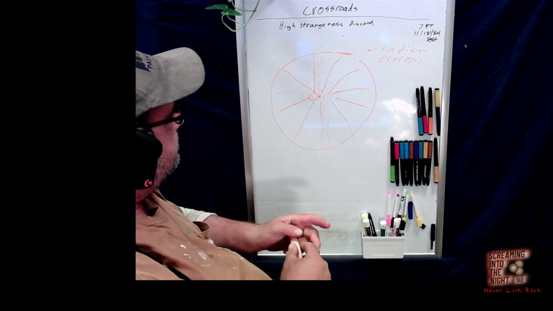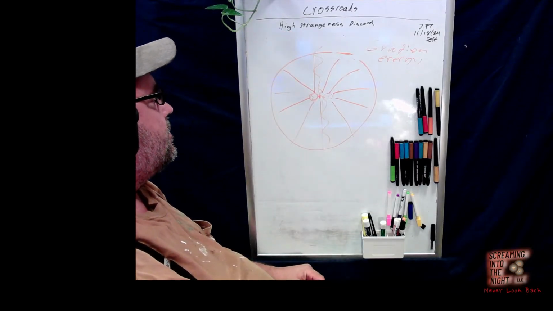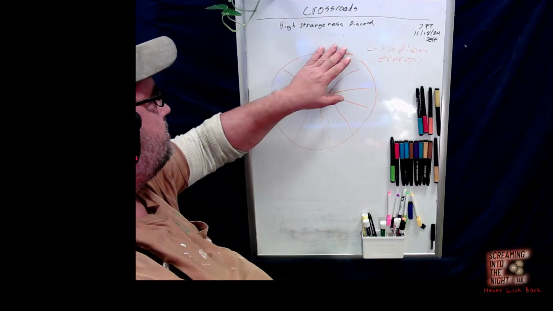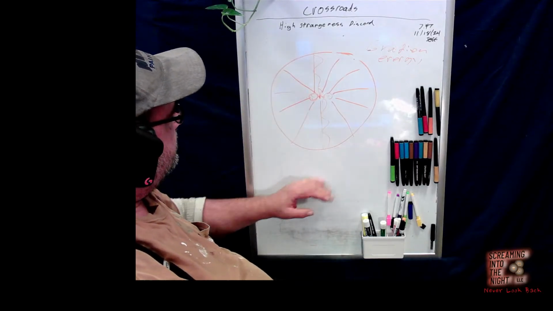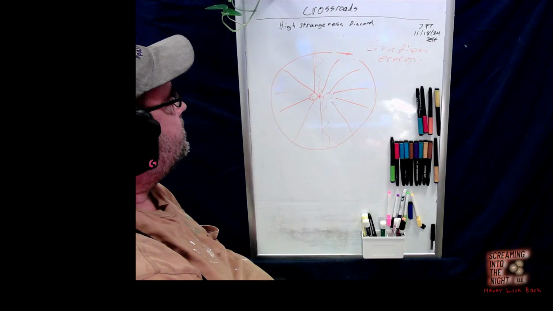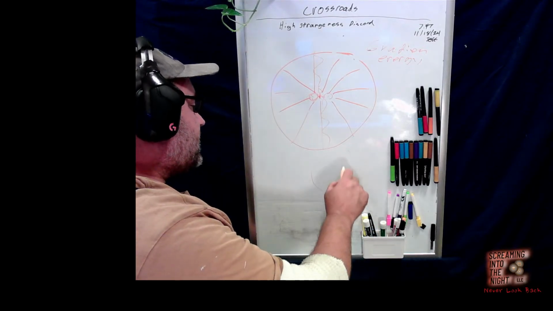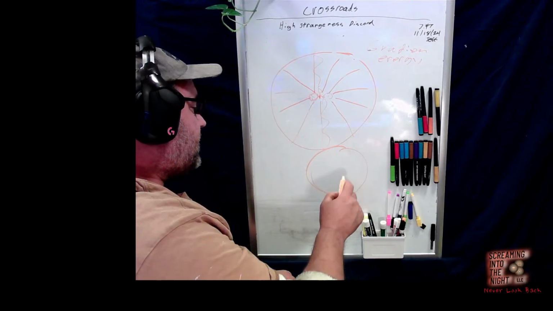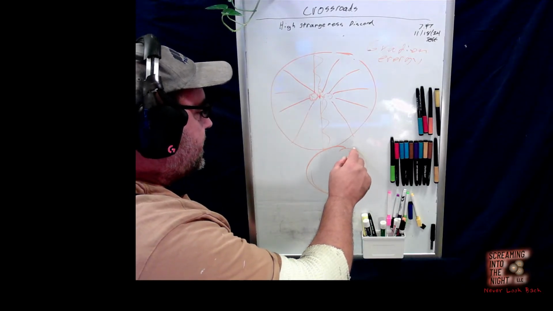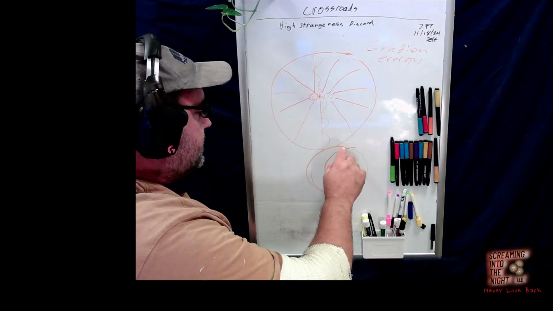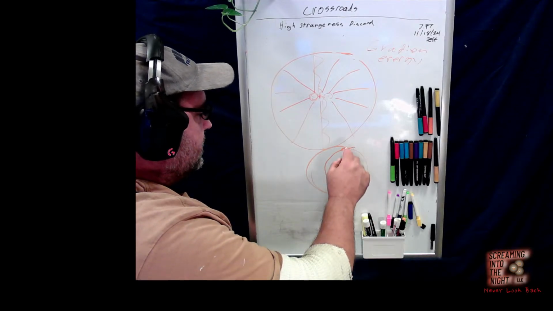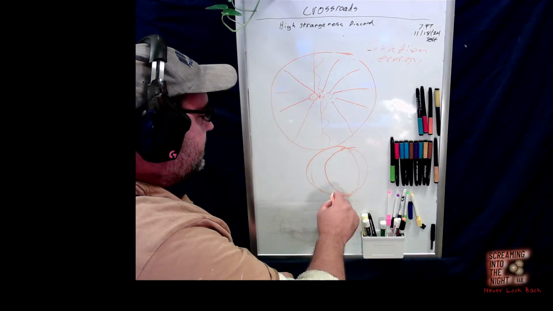I'd love to make a 3D rendering of what this looks like. It looks like two oranges trying to fight for supremacy.